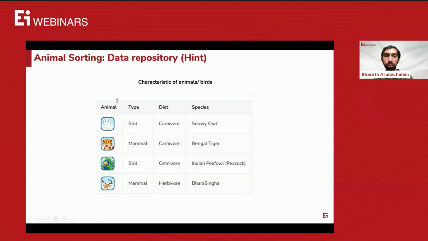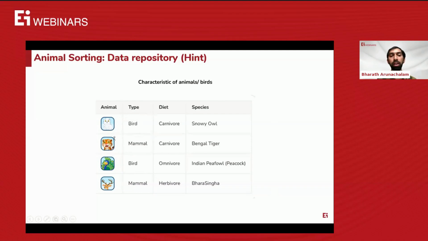Now, if a student is provided with this table and they are able to read it, they say, okay, I want the tiger and the deer together in zone 1. What are those characteristics that are common to these two? They'll probably look at mammal and mammal, and then they can just choose type. Let us take another question on the same data.